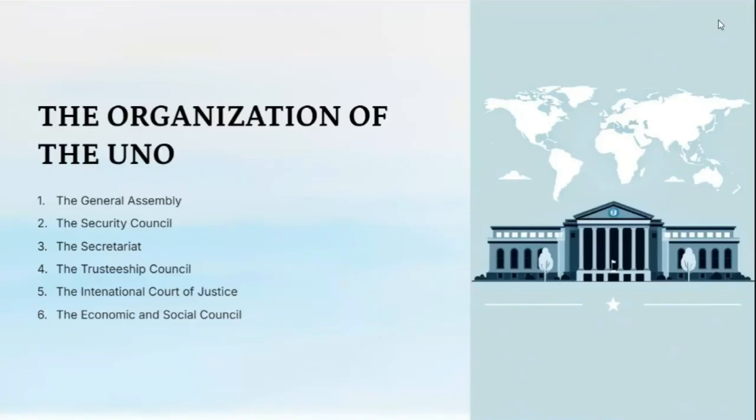Now they are made up of 27 members, and they are elected by whom? The General Assembly. Now their function is what? They conduct research, carry out studies on issues like education, culture, economics, and they also prepare reports. So this is the organization.